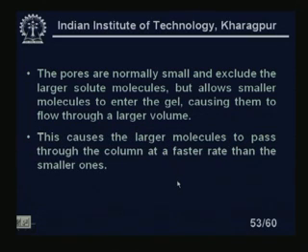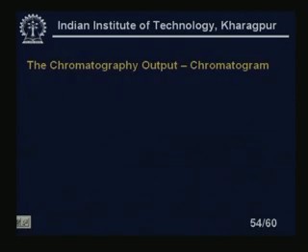This causes the larger molecules to pass through the column at a faster rate than the smaller ones.